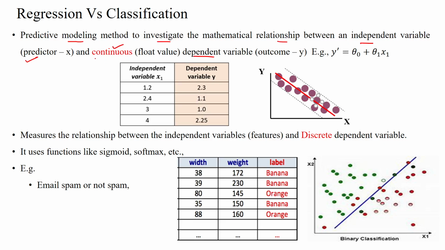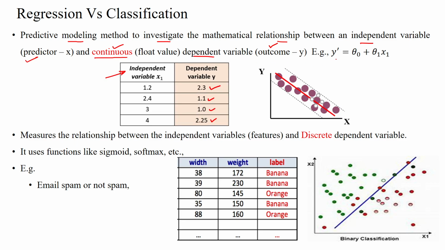So here the dependent variable has continuous values, between some range like 2.3, 1.1, 1.0, 2.25 like that. The dependent variable is called the outcome variable, and one more name for the independent variable is explanatory variable.